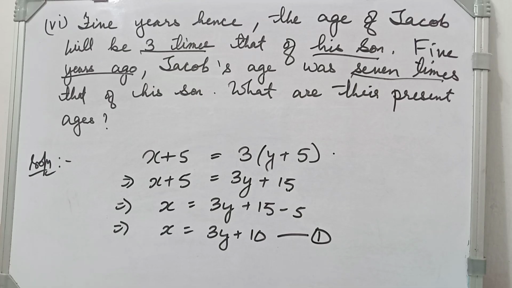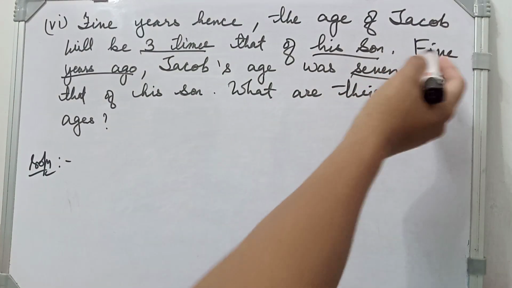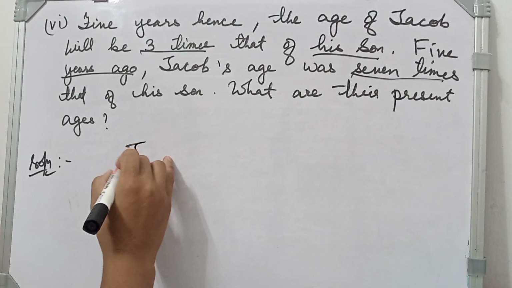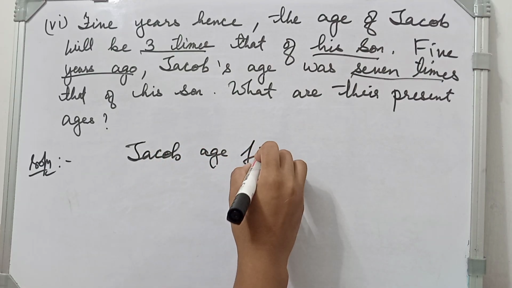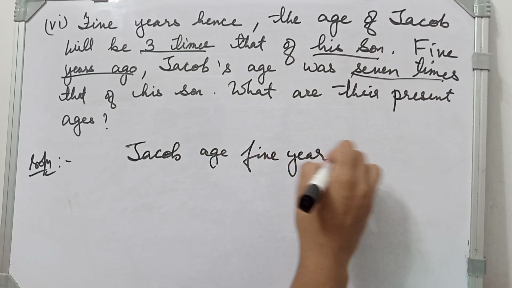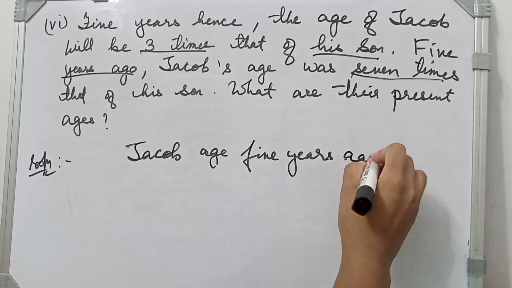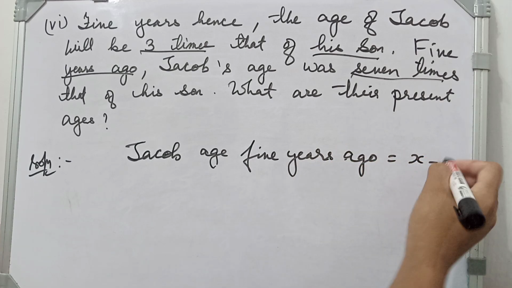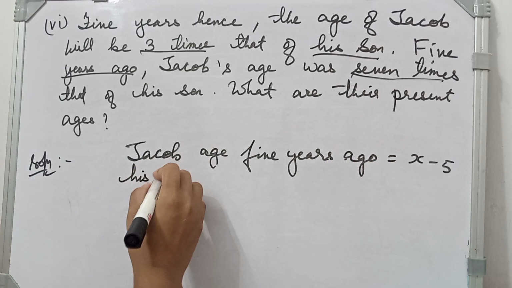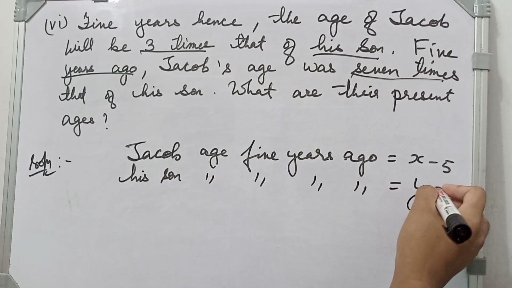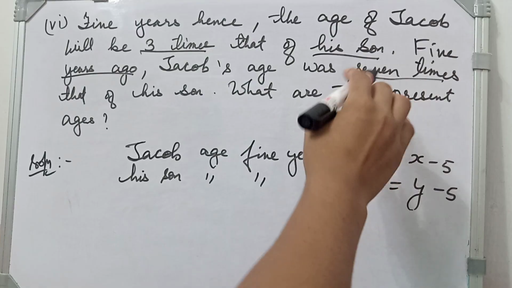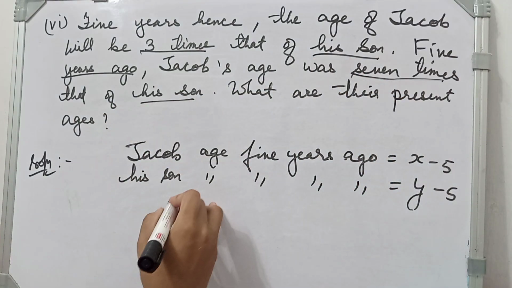Okay, now the second part, 5 years ago. Jacob's age 5 years ago was x minus 5, and his son's age 5 years ago was y minus 5. Then Jacob's age was 7 times that of his son.